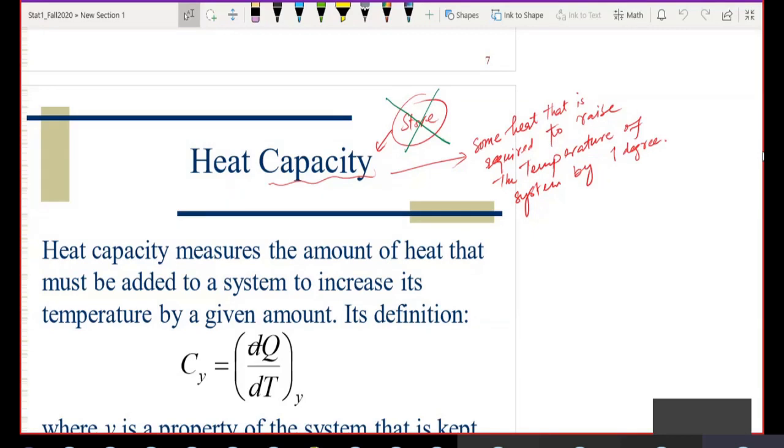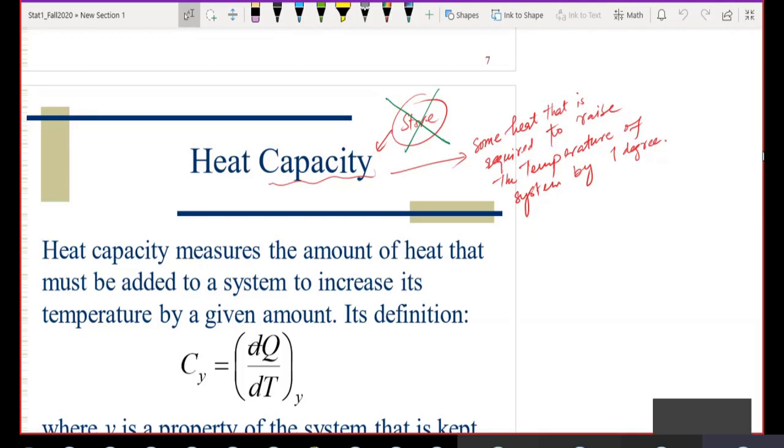So the amount of heat that we need to give to the system to increase its temperature by just 1 degree. And this is a really cool idea, because whenever we give heat to the system, it increases its temperature by some degrees. Sometimes it is 1 degree or maybe 10 degrees, it depends upon the amount of heat, but the amount that we give for a 1 degree increase is always a constant.